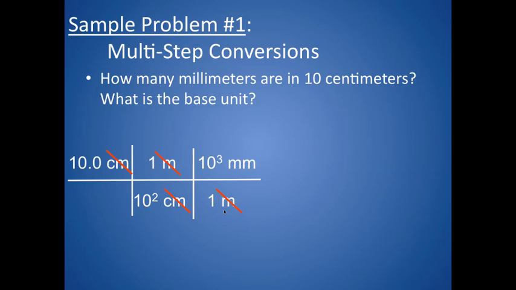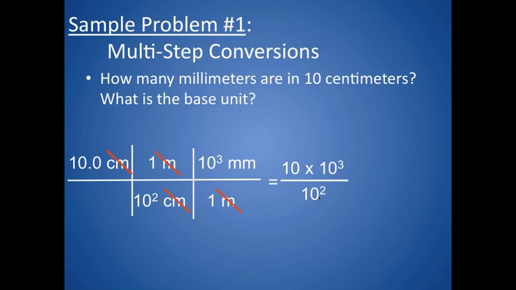If you look at all the red, everything that's canceled, what's left is a number, a number, a number, this unit, and this number. These 2 units are gone. So let's deal with the numbers first. 10 times 10 to the third divided by 10 to the second. 10 is like 10 to the 1 times 10 to the third. You add those together, so that's 10 to the fourth divided by 10 to the second.